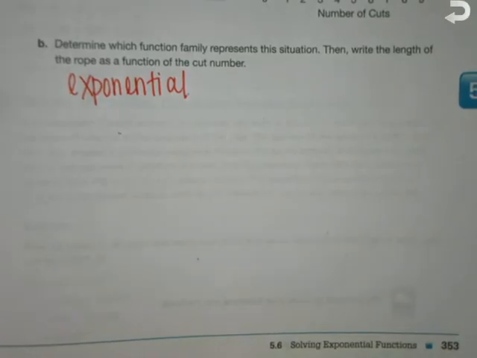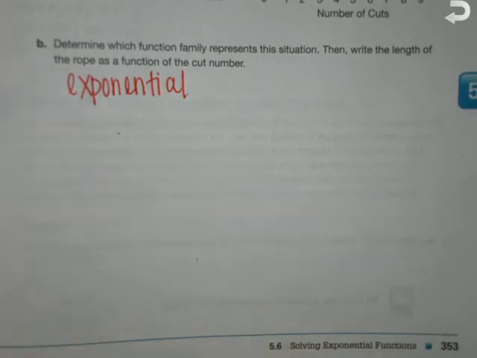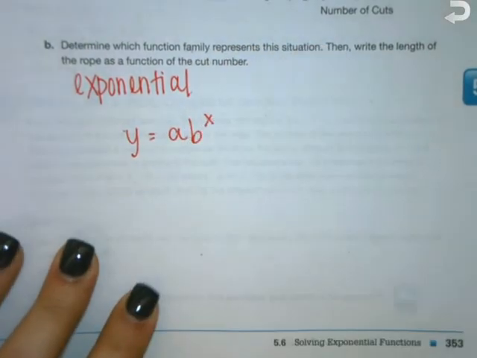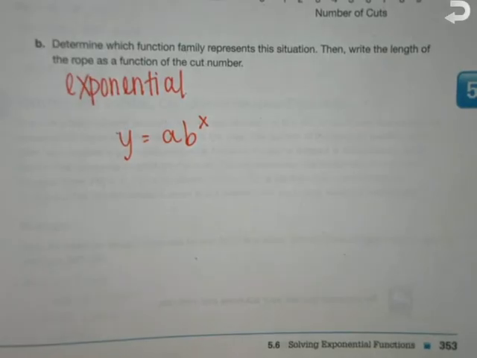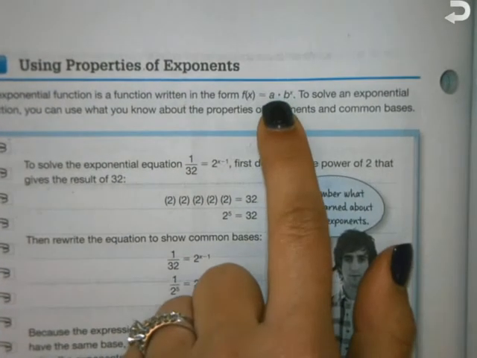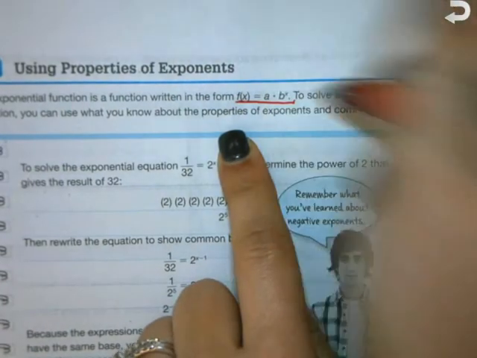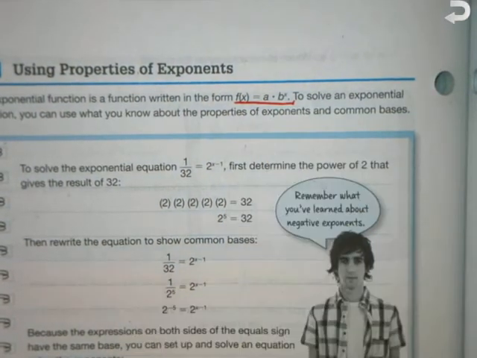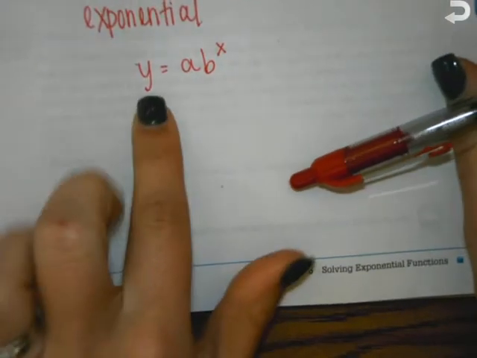So, this is our basic exponential function. Y equals AB to the power of X. You guys read that at the front of problem 2. Okay, so at problem 2, it told you that the standard form of a function was A times B to the X power. So that's all we did right here. Y equals AB to the X.